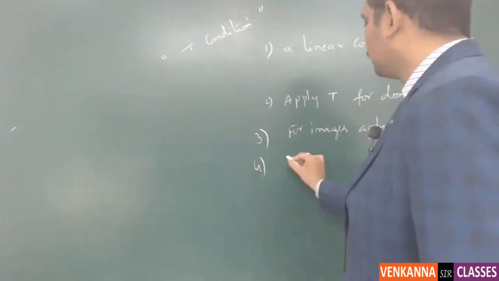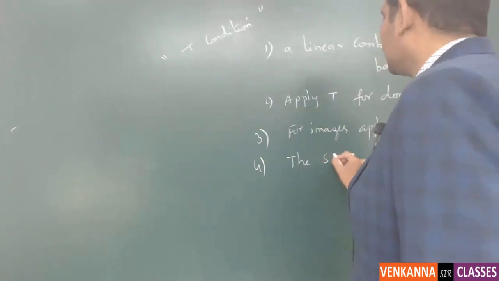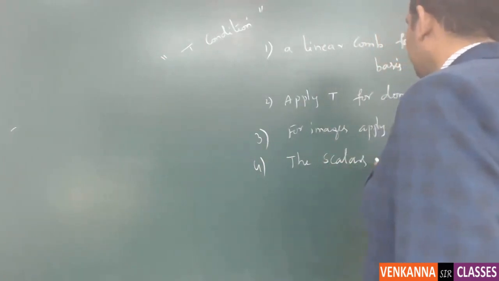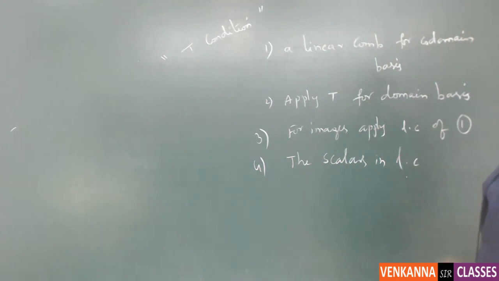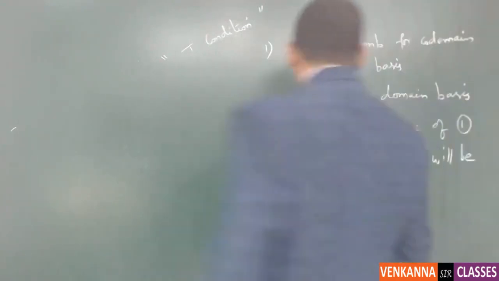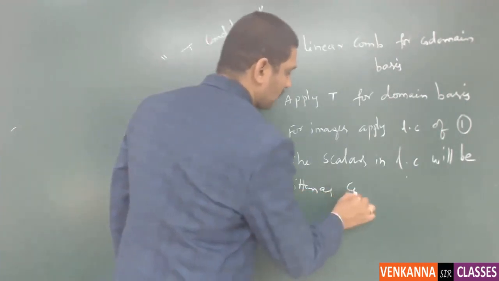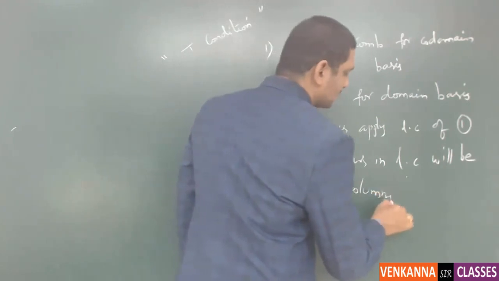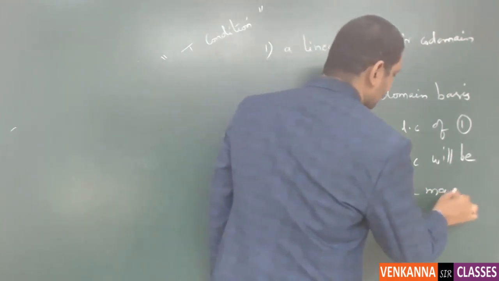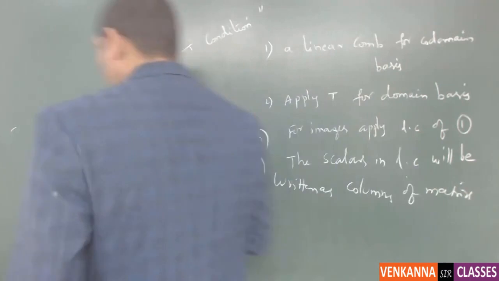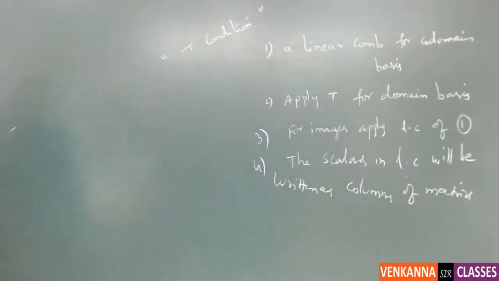And fourth, the scalars in the linear combination will be written as columns of the matrix. So this is the procedure to find the matrix of T. So please take a note of that. Right.